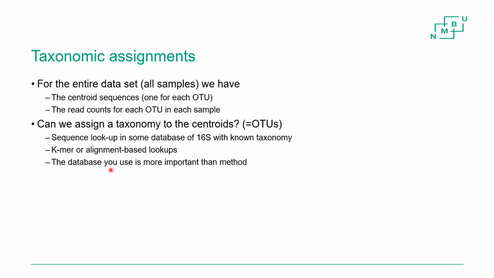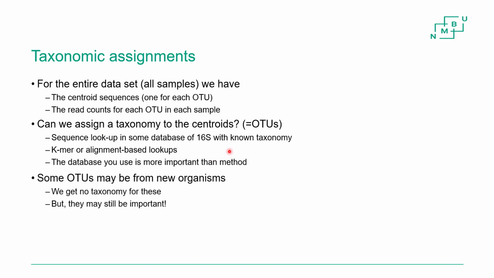And of course, as usual, the database you use is much more important than which method you choose, I have to say. This is typical for all taxonomic assignments, whether it's 16S or something else. But at least it's straightforward, and we will not really emphasize this very much because some OTUs may be from new organisms and then we get no taxonomy, right?